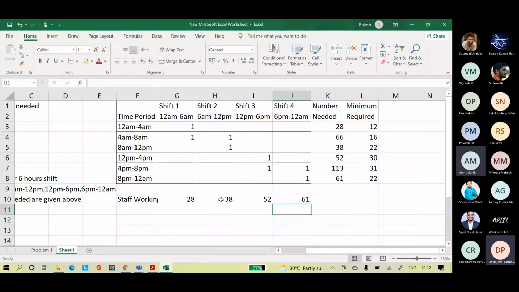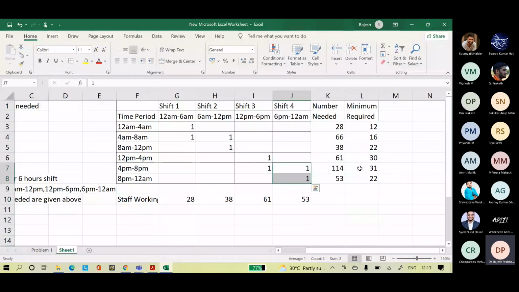So for shift 3, we'll consider 30 plus 31 or 22 plus 30. No, sorry. This is 28. This is 38. This is 61. Right? I made a mistake here. And this is 53. Right? Correct. Yes, sir. Now it is correct.